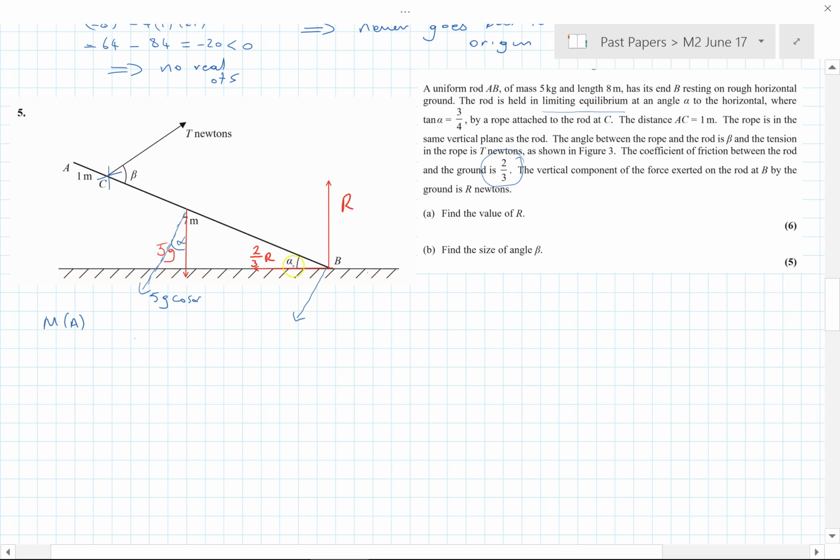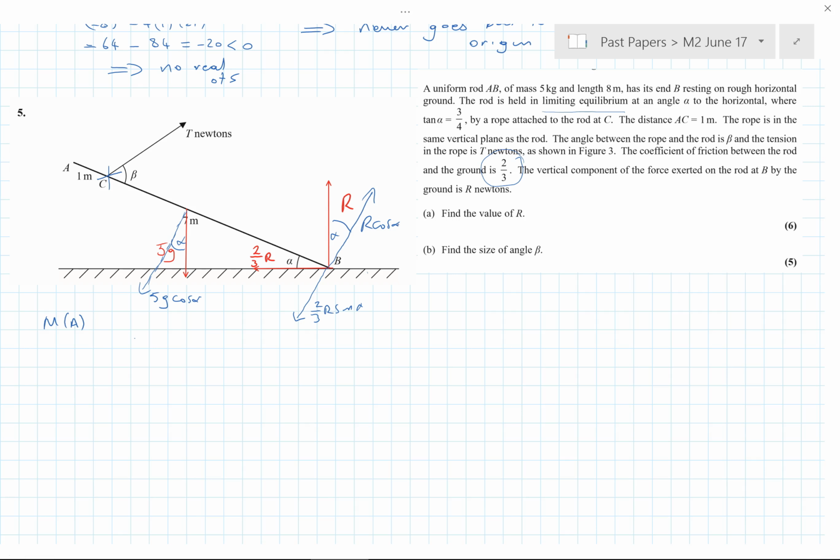Now notice we've got the alpha here, so that's 2/3 R sine alpha. And we've also got a component of the force that we're after, this R force here, which is perpendicular. And this angle here will be alpha, because that's 90 minus alpha, which makes that angle alpha. So that's R cos alpha. Okay, so that's going to help us get all our moments going.